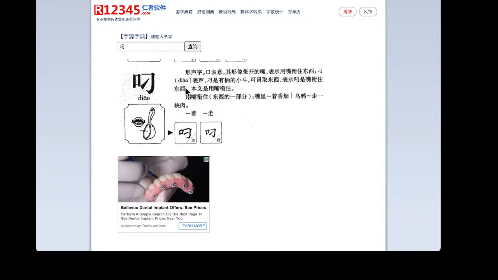You can see the mouth radical, and on the right hand side is 刁, which means a small ladle with a handle. So put them together, you basically draw a picture of a mouth holding a small ladle. So that's called 叼.